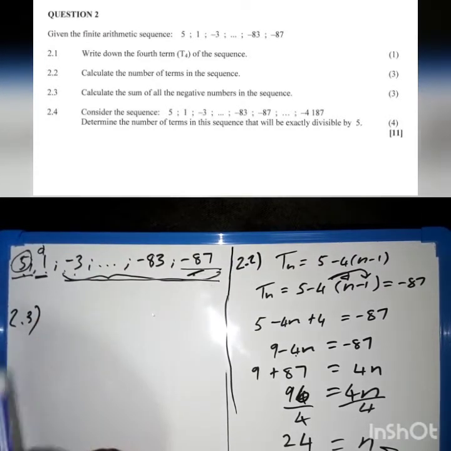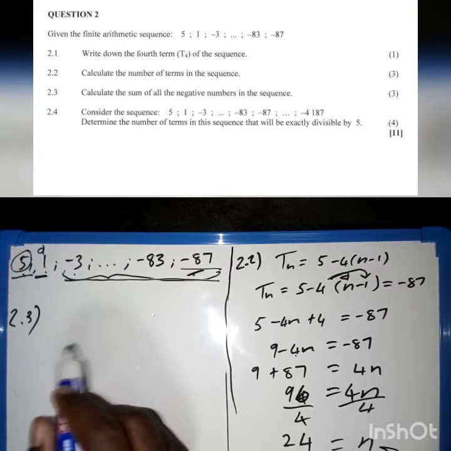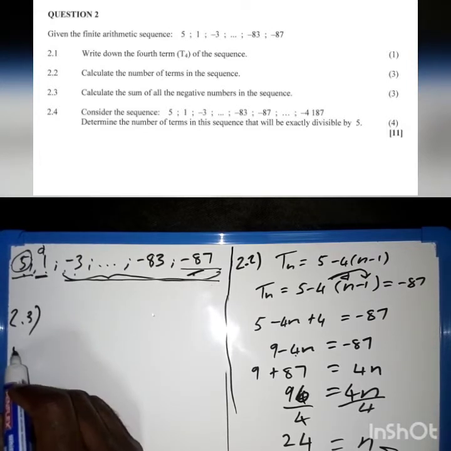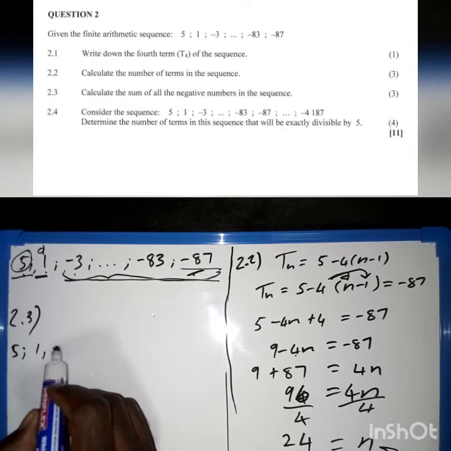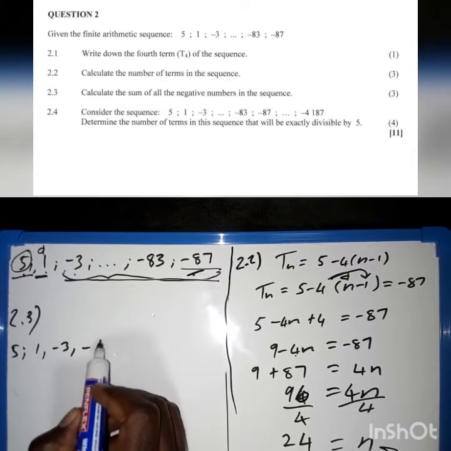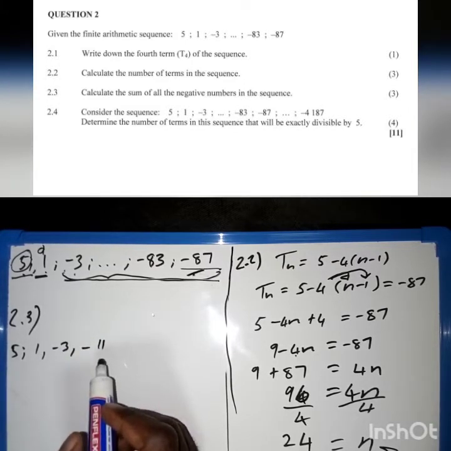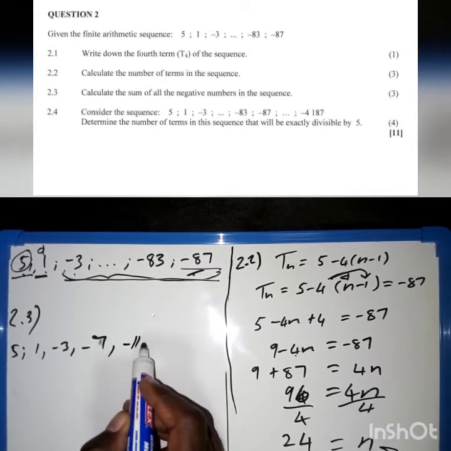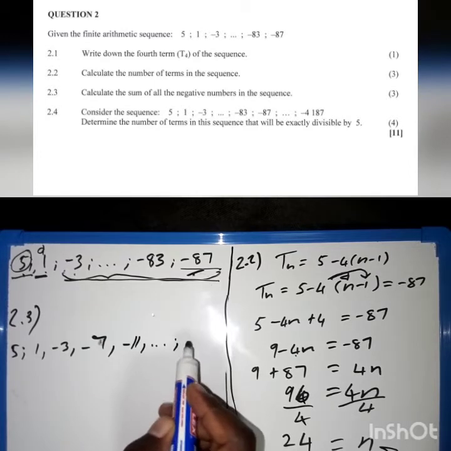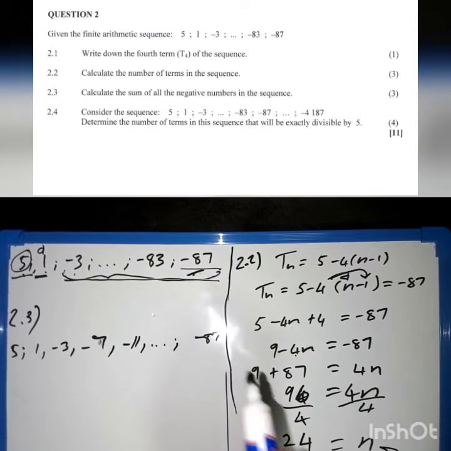So if I write down these numbers, I have 5, 1, negative 3, negative 7, and then negative 11, then it continues up to negative 87.